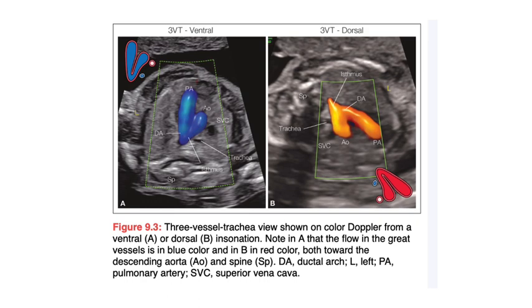All right. Well, in both of these views, we've got color on. And it really demonstrates that the direction is the same. Over on the left one, they're both heading back to the descending aorta, and they're blue because they're moving away from the transducer.